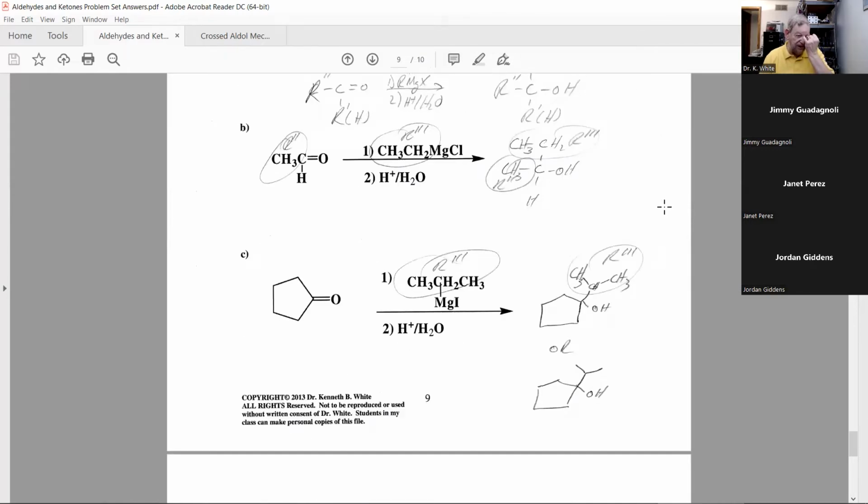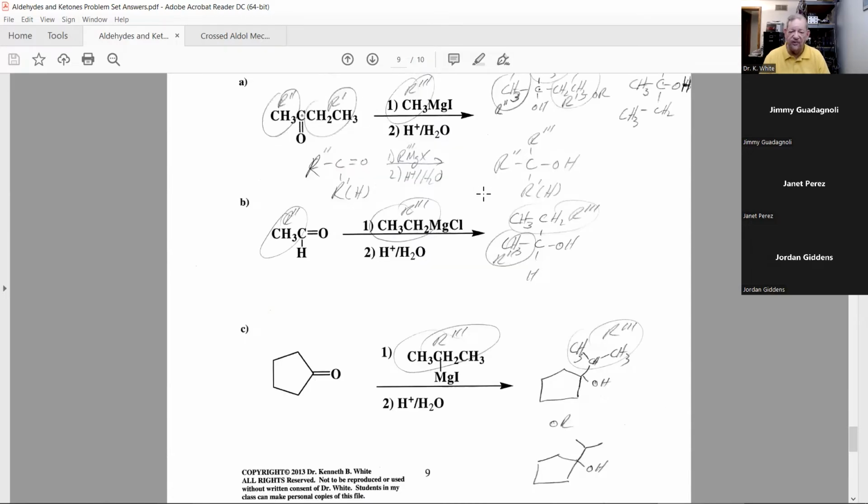And if we look at C, same thing, carbon, double bond to oxygen, carbon's here and here, a ketone, we have this Grignard. Now, the carbon with the MgI, or X, is the carbon that's going to be bonded to the carbonyl carbon to make this alcohol.